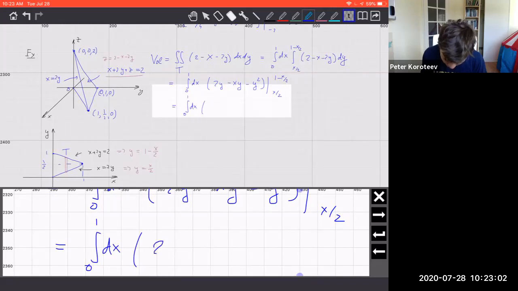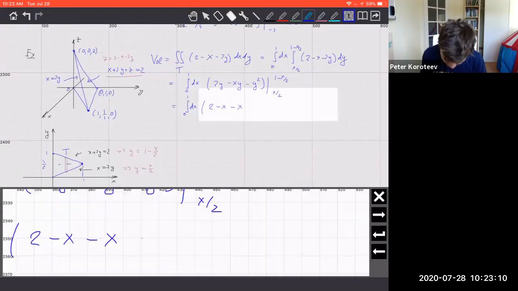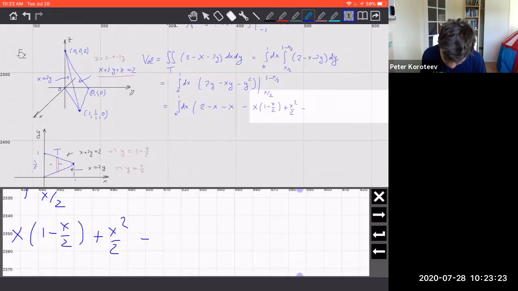And here, yes, it's 2 minus x minus, again, minus x. Right, so minus x times 1 minus x over 2, plus x squared over 2, minus 1 minus x over 2 squared plus x over 2 squared.